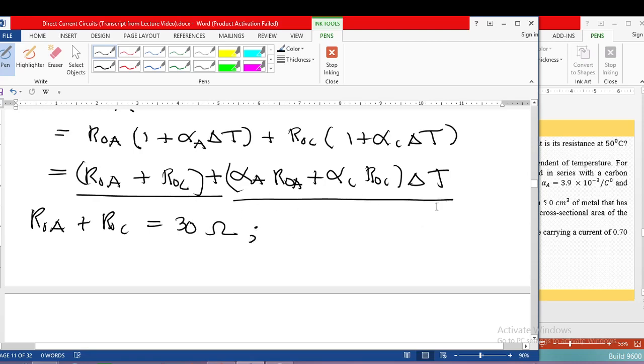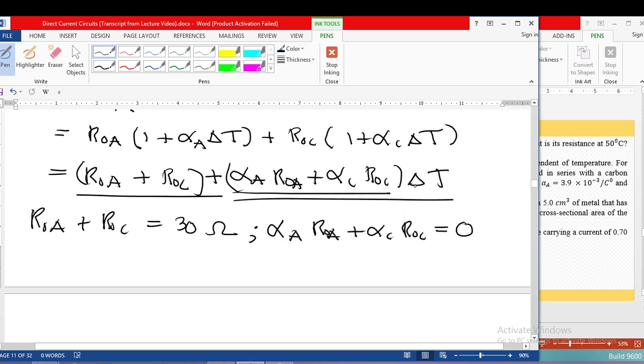And the other term must be equal to 0. Since it is independent of temperature, either this term or that term must be zero, so we make sure this one is 0. So alpha A R naught A plus alpha C R naught C is equal to 0.